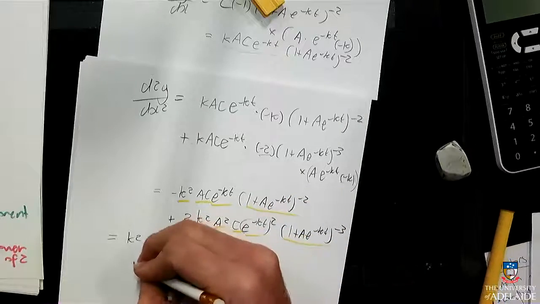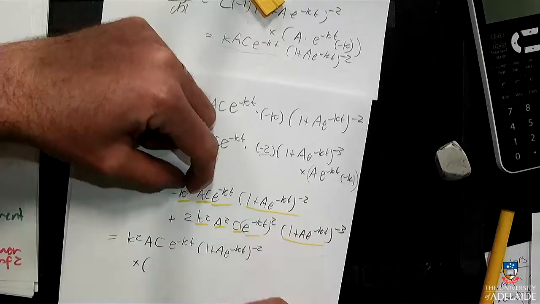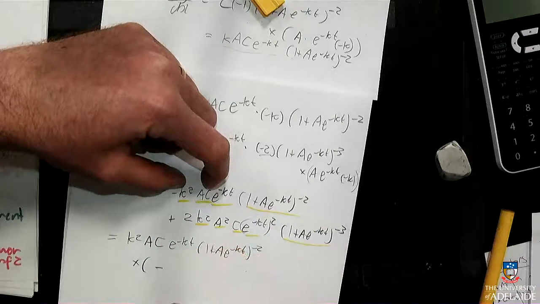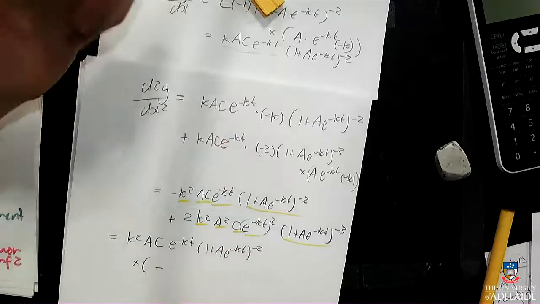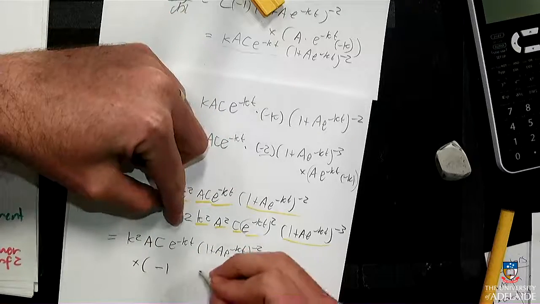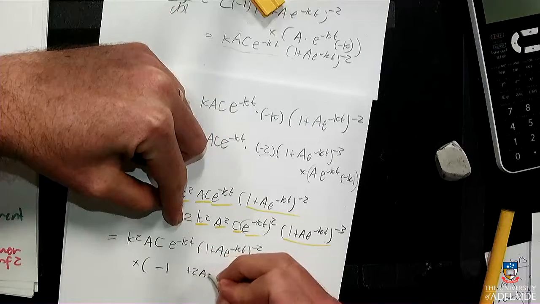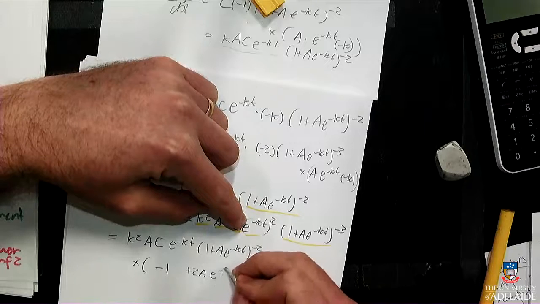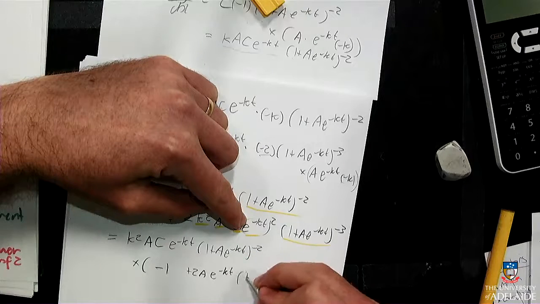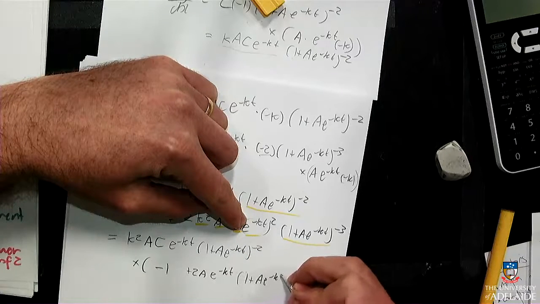And that is going to be times, what have we got left here? We've got a minus 1, and over here we've got a 2a e to the minus kt and a (1 plus a e to the minus kt) to the minus 1.